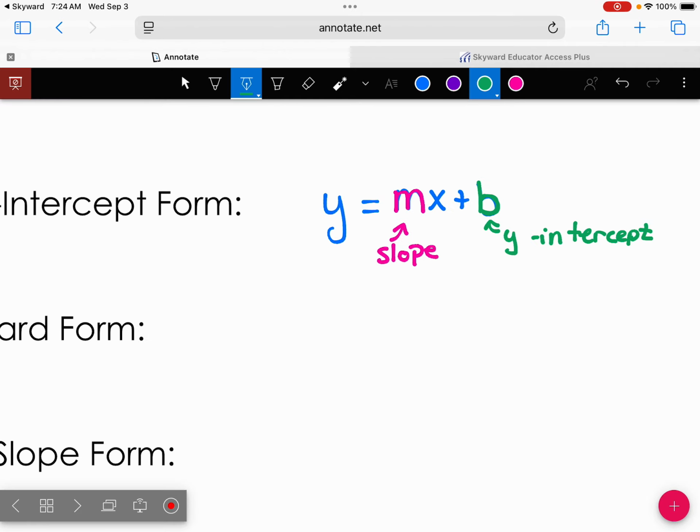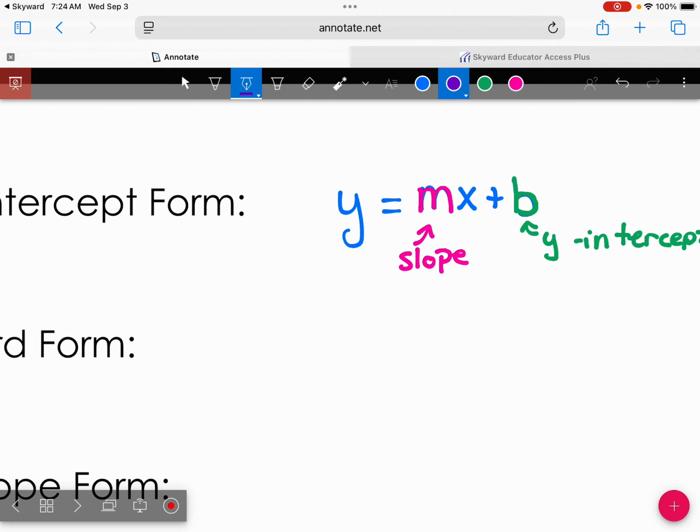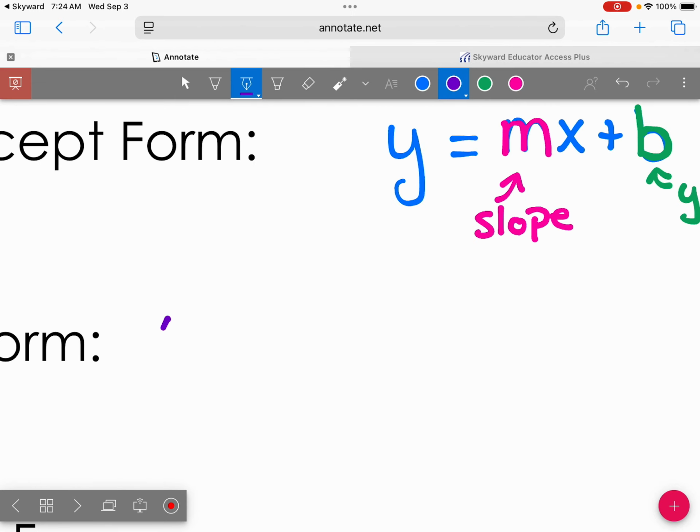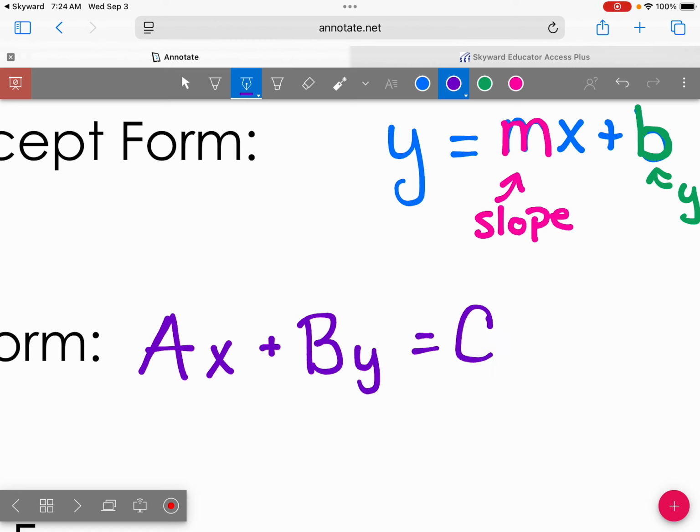Standard form is one of the ways that equations are given to us. It's not going to be something we use tons, but it's good to know. That's when I have a times our x, so some number times x and usually a different number times y equals some constant.